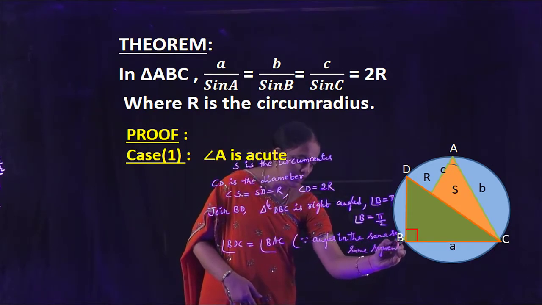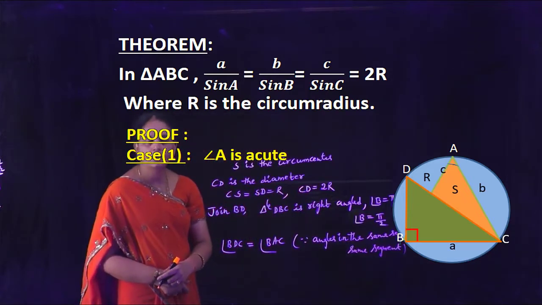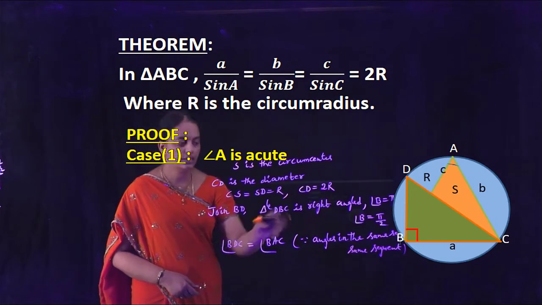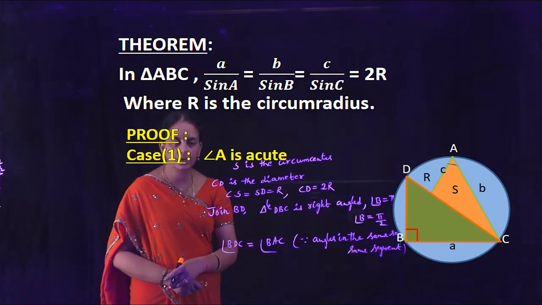We know that angles in the same segment are equal. That's why here angle BDC is equal to angle BAC.